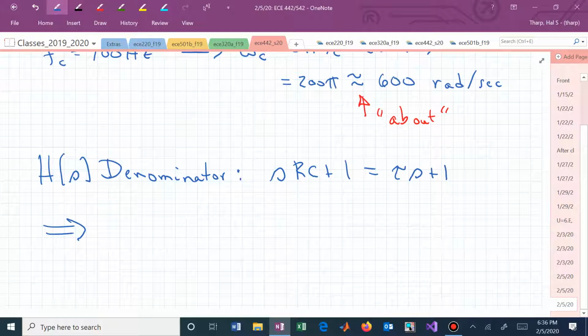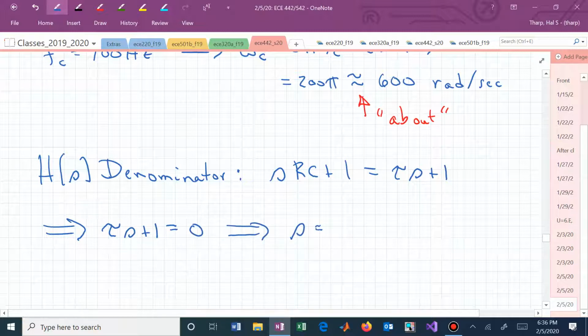So now I say, okay, I now have tau S plus 1 equal to 0, or the value of S that causes that to vanish is my pole, because it's in the denominator of my transfer function. I solve that tau S plus 1 for S, and I end up with S equal to minus 1 over tau.